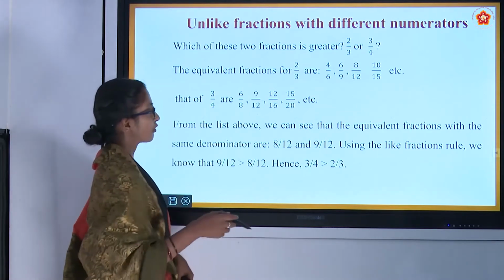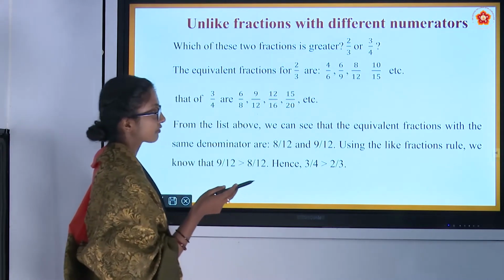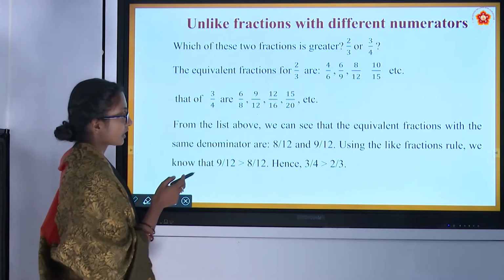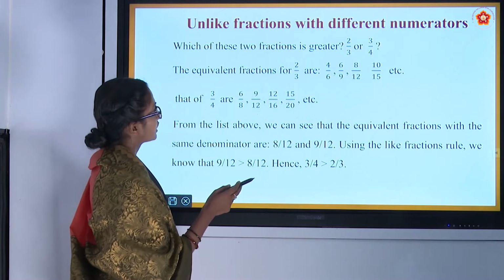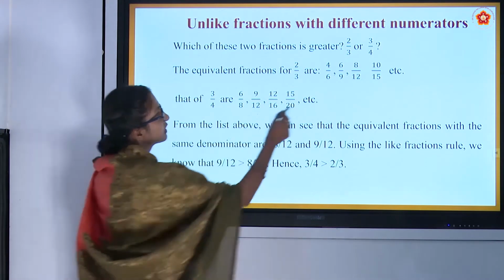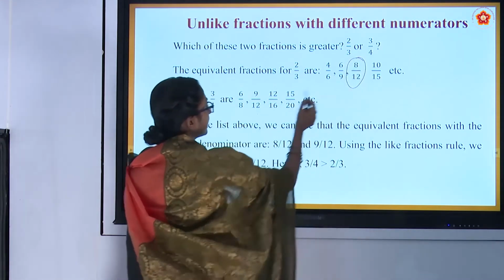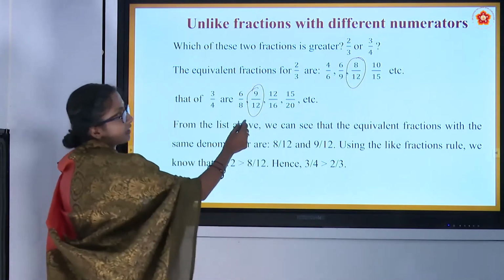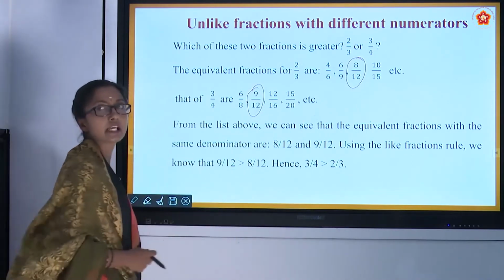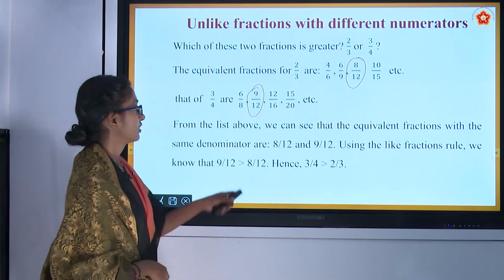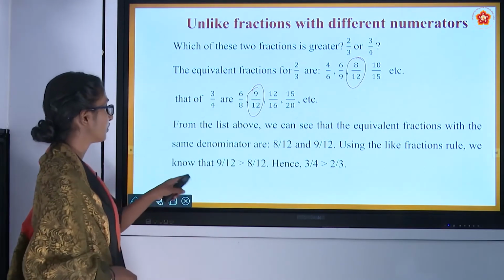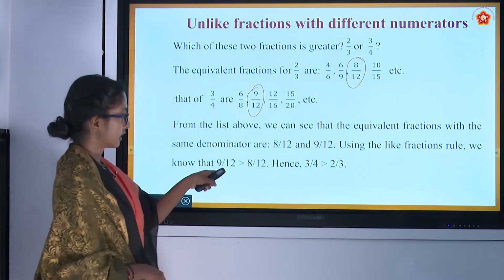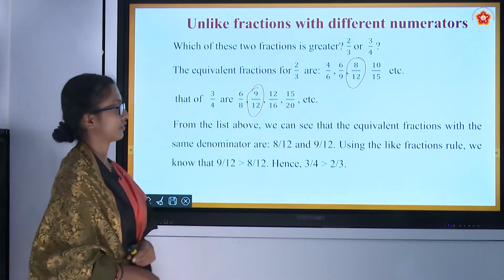From the list above, we can see that equivalent fractions with the same denominator are 8 by 12 and 9 by 12. They both have the same denominator. Using the like fractions rule, we know that 9 by 12 is greater than 8 by 12.